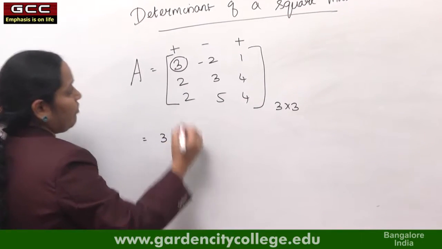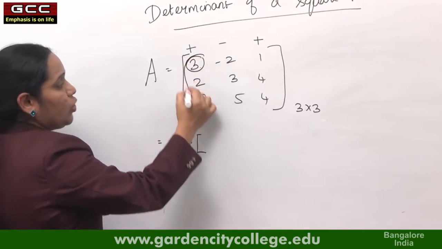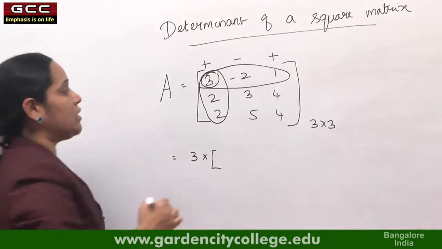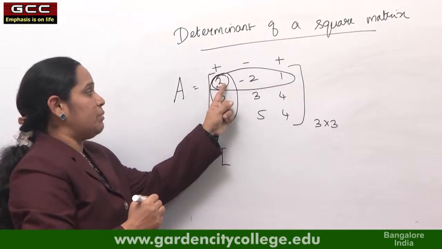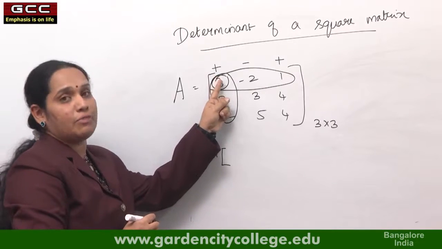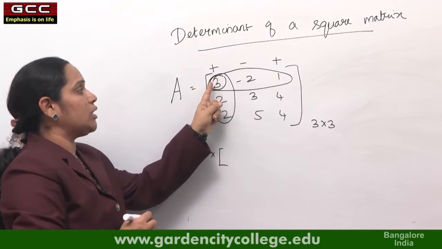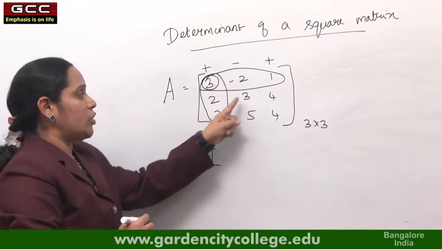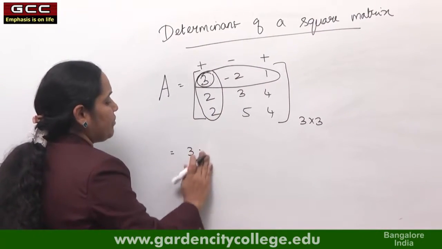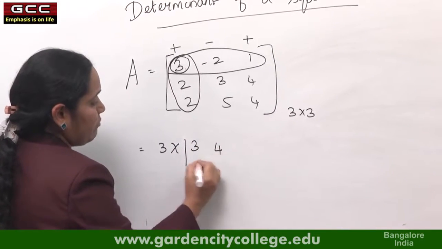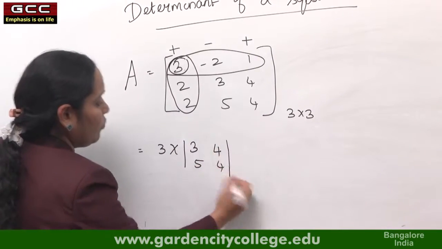So now, first you have to start with this 3 multiplied by, when you consider this 3, ignore this particular column and this particular row where this 3 is present. The position of 3 is the first row and the first column. So ignore that particular row and that particular column. The remaining matrix, you should find the determinant, that is determinant of 3, 4, 5, 4.